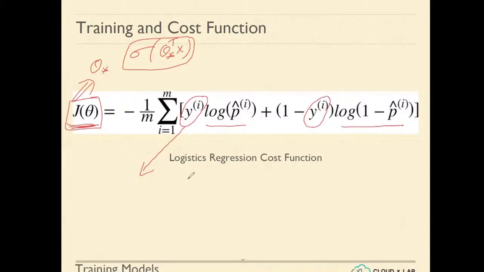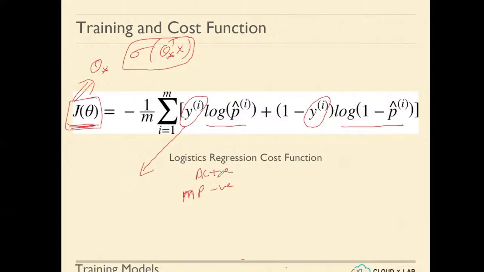Suppose the actual class is 1, but the model is predicting negative, right? So the actual class is positive, but the model prediction is negative.